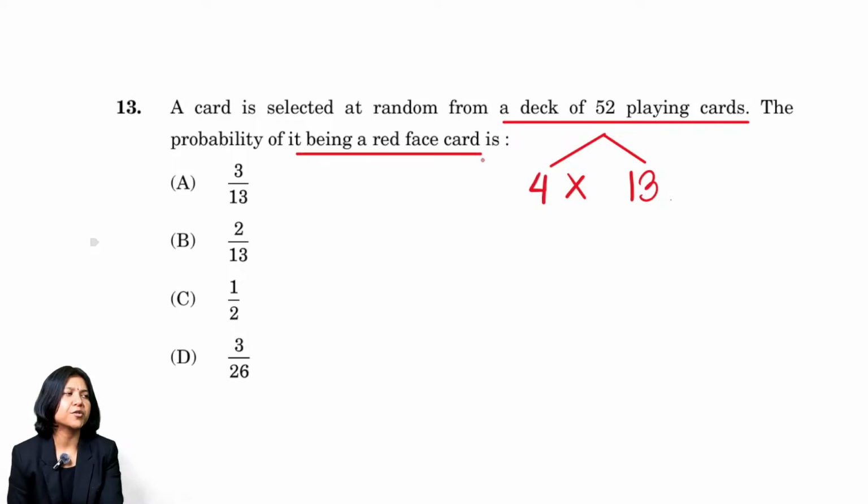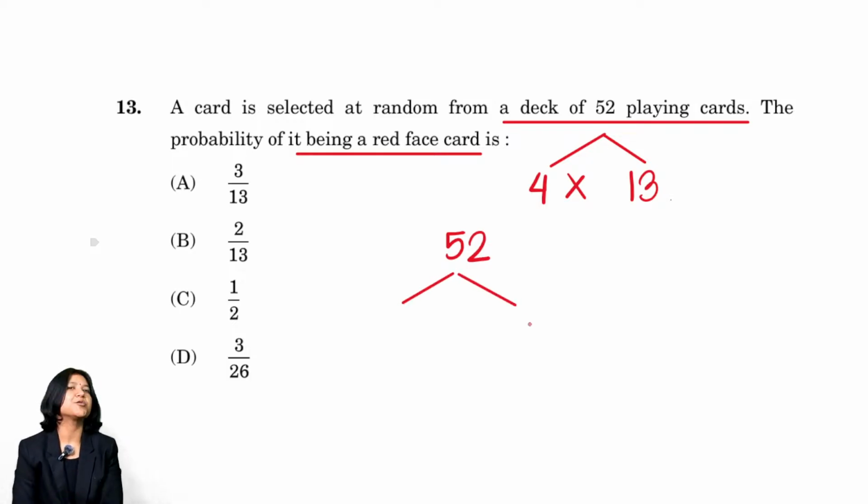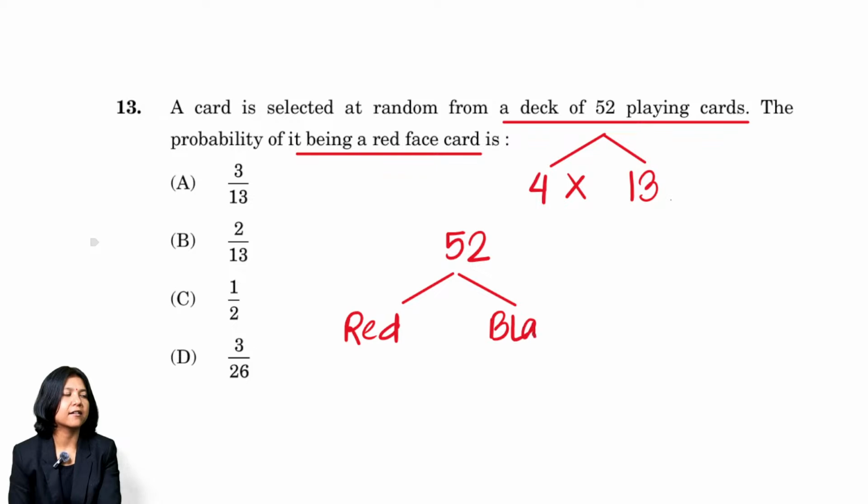Now, I want you to remember this. In a total of 52 cards, you would classify them into 2 main branches. That would be your red cards. Half of them will be red and half of them would be black, okay? Now, there would be exactly 26 red cards and 26 black cards, okay?